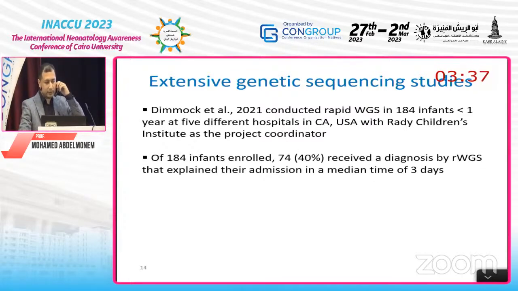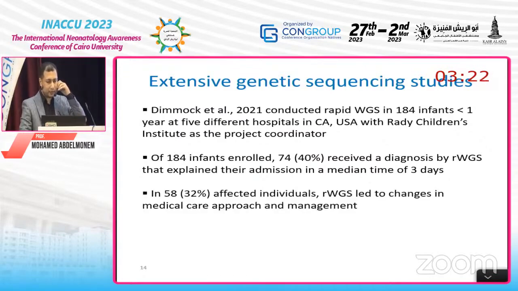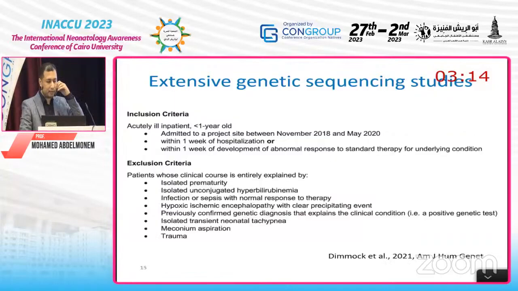Of the 184 infants, about 40% received a diagnosis that explained their admission in a median time of 3 days. They accelerated the time frame of their analysis, which is, again, a lot of effort to do that. And in 58 individuals, 32%, rapid whole genome led to changes in medical care approach and management.